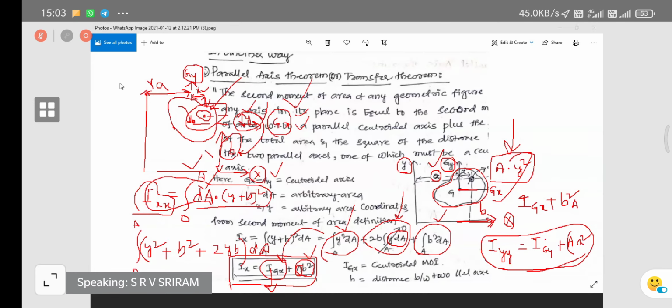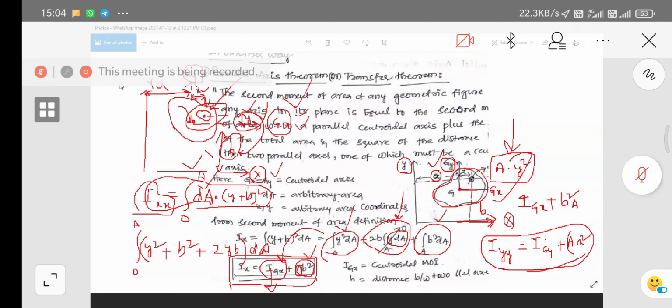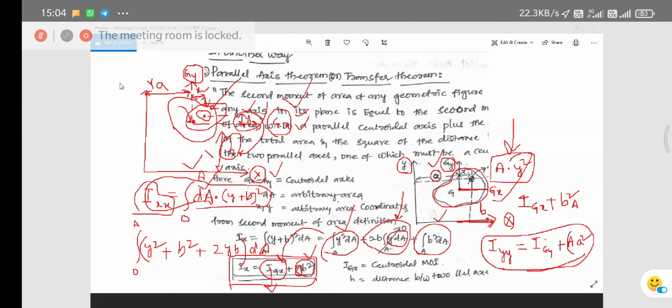So the parallel axis theorem is that we take two reference axes, both mutually parallel to each other, with some distance between them. After this we find the differential element's centroid, which also gives x and y coordinates respectively.